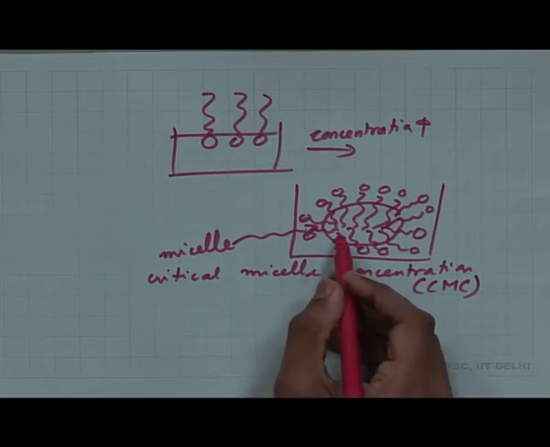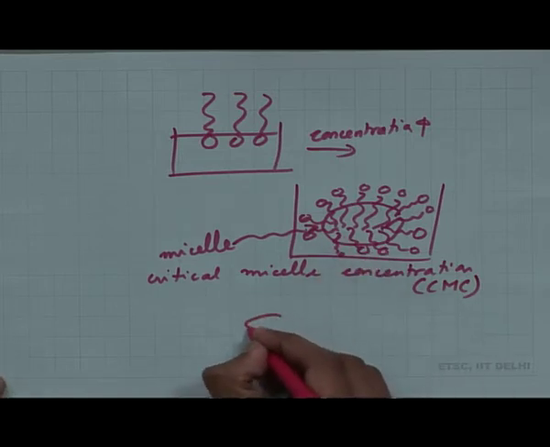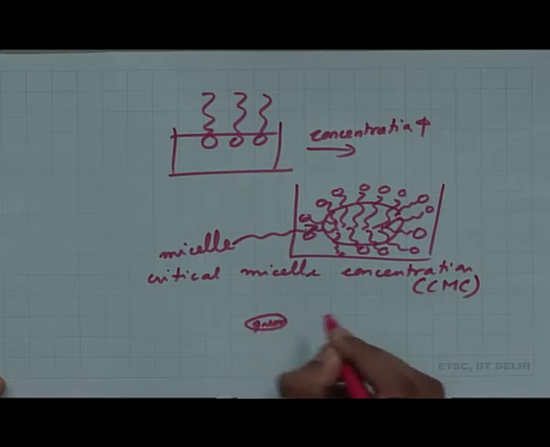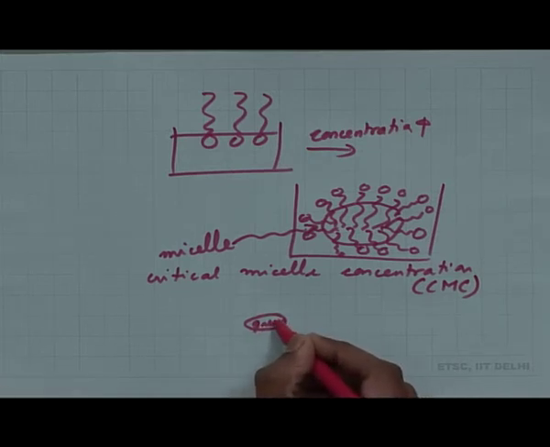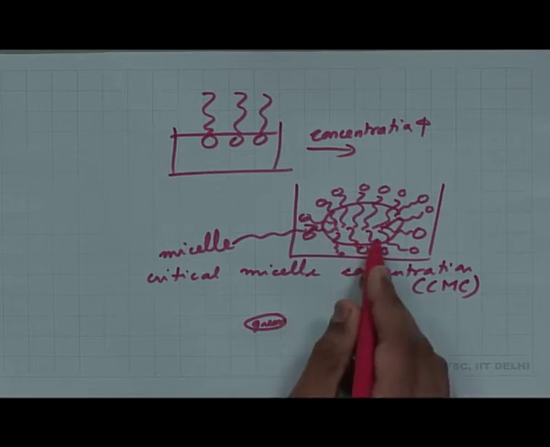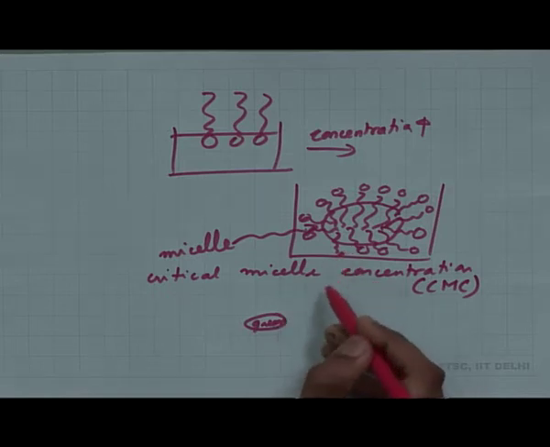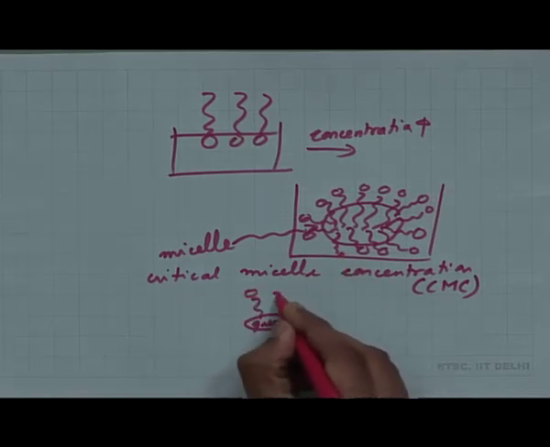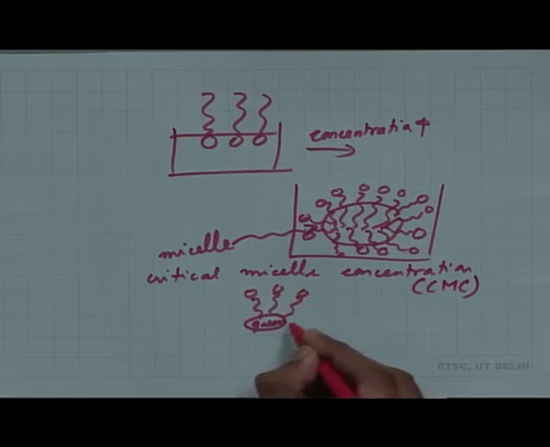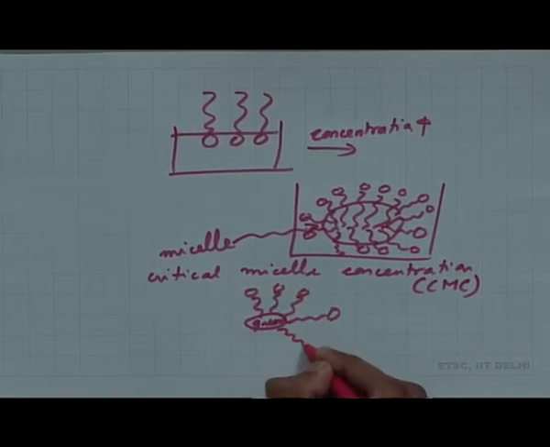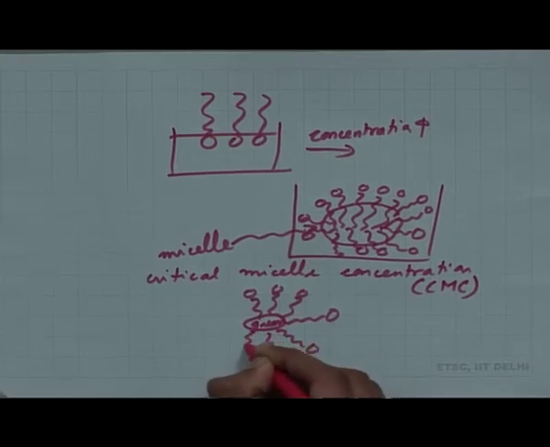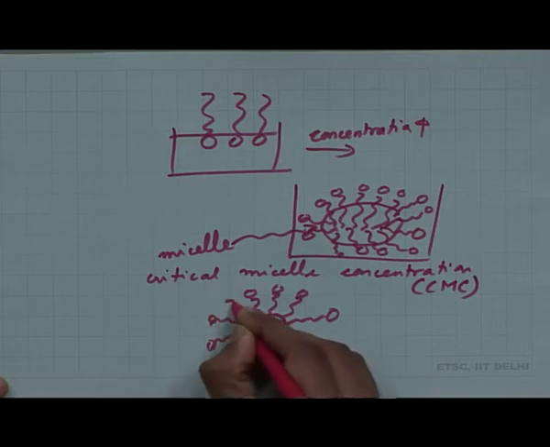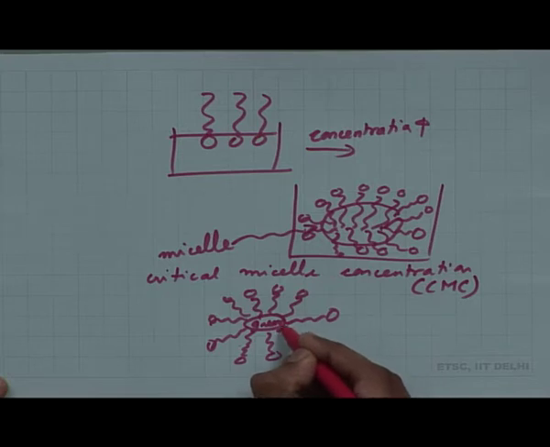Now, this is useful. Imagine that I have a grease particle, and grease is hydrophobic. When I put in enough surfactant to form a micelle, all my surfactant molecules will go like this. The micelle has gobbled up the grease particle.